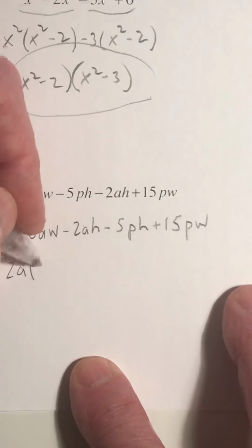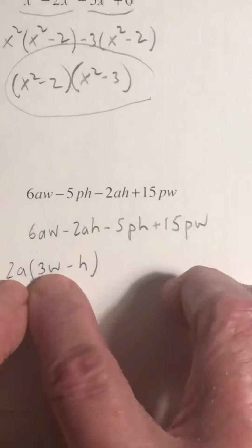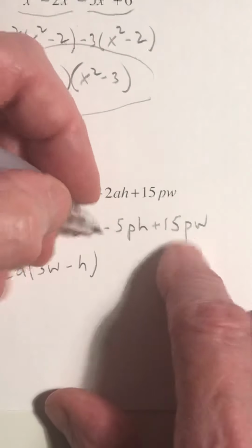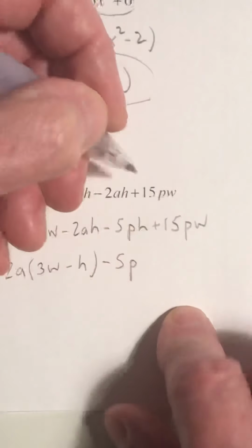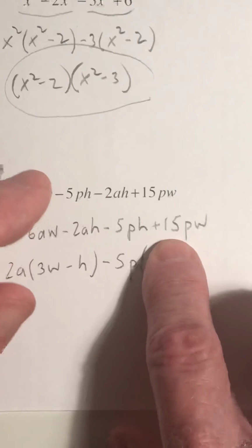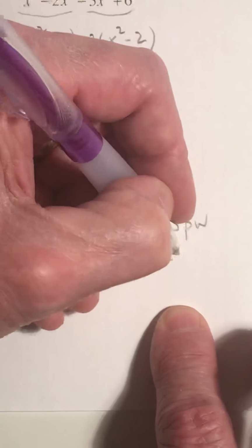2A times 3W minus H, is that right? That's 6AW minus 2AH, yeah. Then a minus 5, and I suppose also the P. H, 5 minus 5PH, and we want a plus 15PW, so I need minus 3W.